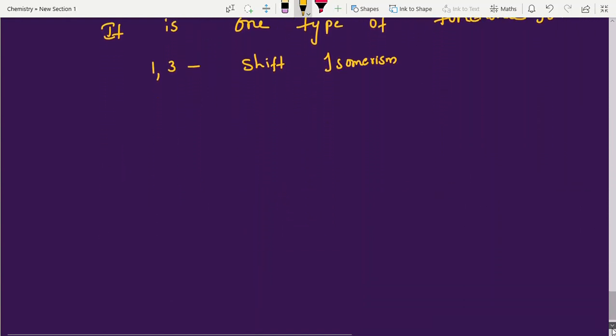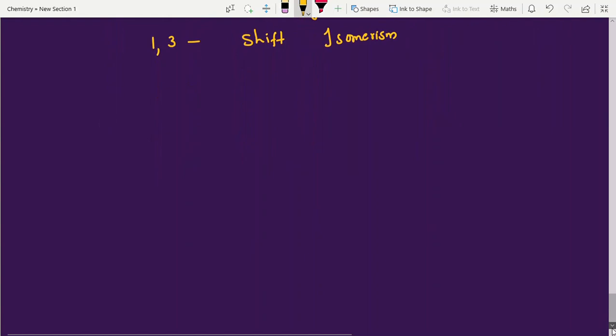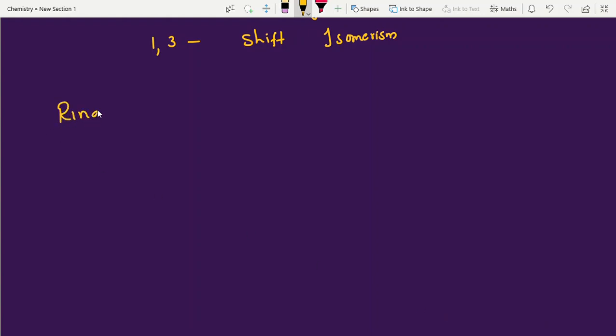Ring chain isomerism. So here generally we are taking cycloalkanes, alkenes and cycloalkanes. Not only this one. It will go to alkynes and cycloalkenes. So many aldehydes and cyclic alcohols like that. But one example I am giving, ring chain isomerism.